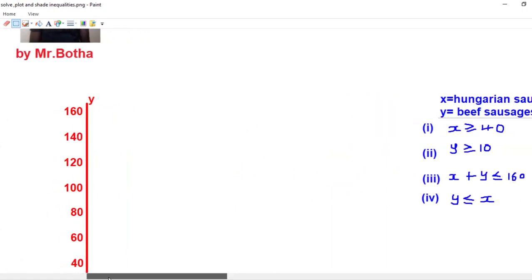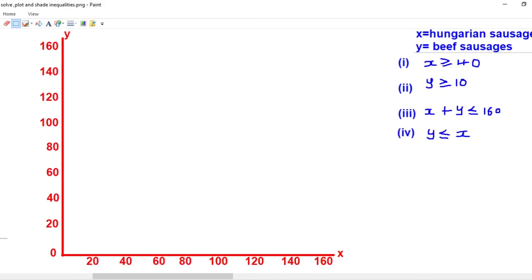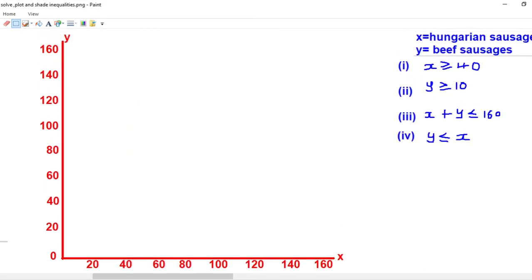Now let's proceed here. I've drawn the x-y plane here. All that is needed now is to use the scale. I don't have a scale and I'm not going to use it here, but make sure as you do it, you need to use a scale. Find the ruler and the graph paper, and make sure you use your scale.